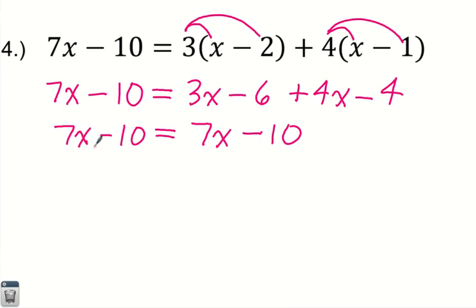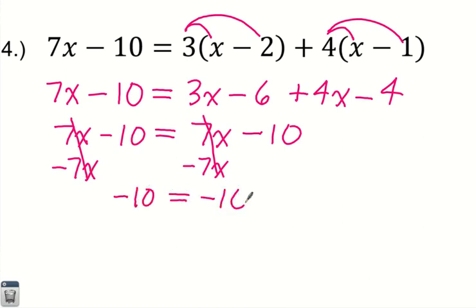I can already tell what the final result's going to be, but let's let this play out. Let's get the x's on one side. Nope, they canceled out on both sides. So what's left is negative 10 equals negative 10, which is either true or it's false. In this case, it's true.